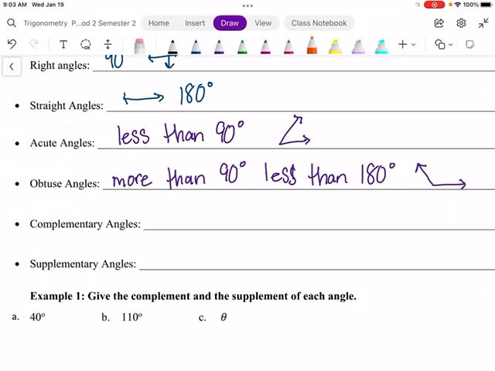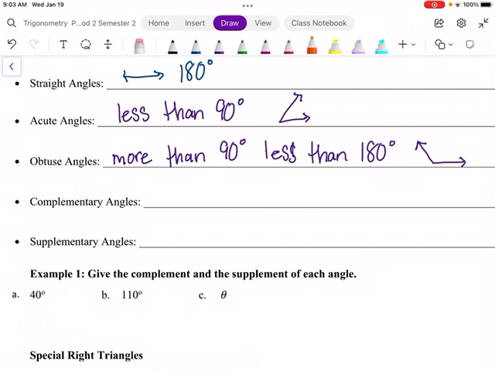If it's greater than 180 degrees, it's called a reflex angle, but we don't need to know that for this section. Complementary angles have a sum of 90 degrees, and then supplementary angles have a sum of 180 degrees.